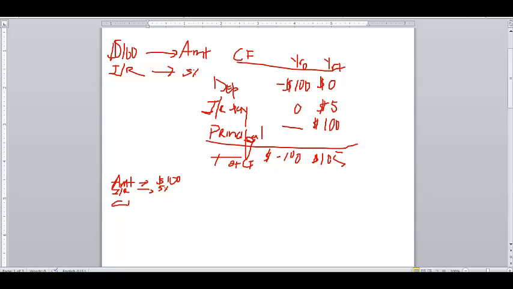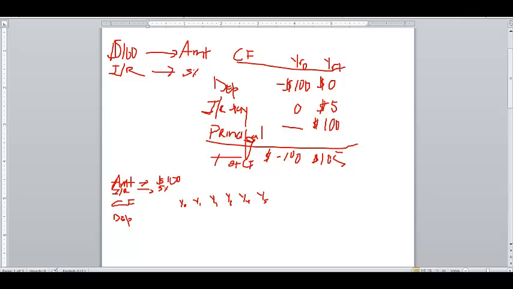So now if we think about cash, let's take the cash flows, and say now you have year 0, I'm just going to keep it as Y, year 1, year 2, year 3, year 4, year 5, right? So you go ahead and you deposit.